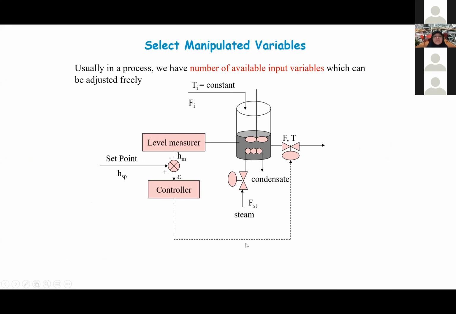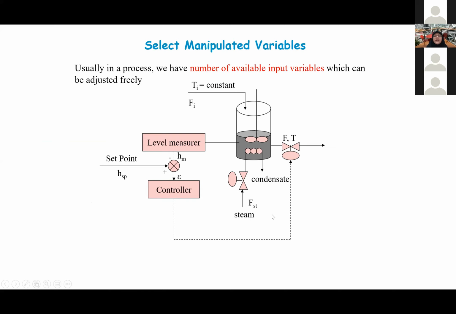Okay, now once you have selected the manipulated variable, so this is if we select the outlet flow, then whatever the level that we measure, we will compare it with the set point, and then the difference goes into the controller, and the controller will decide whether the valve opening is sufficient or not.